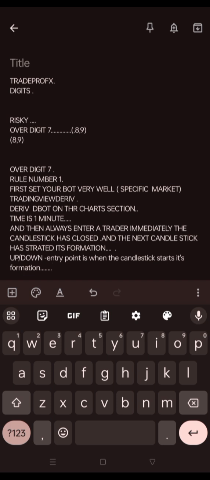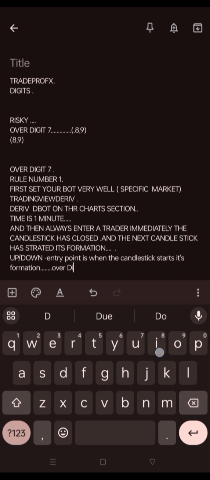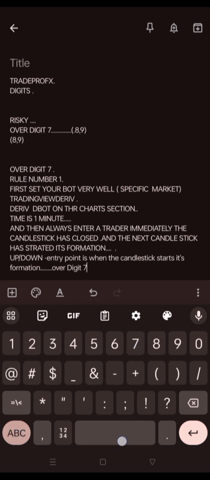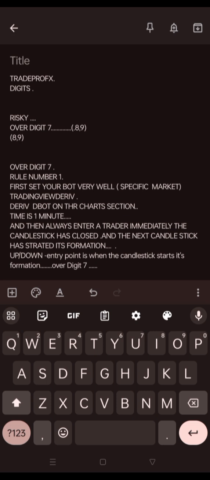don't try trading the over digit 7, but you can try it on your demo accounts until you get the entry point. So those are the only requirements we want. You set your bot well on the Deriv charts. Mostly I'll use the Deriv Dbot on the chart section.